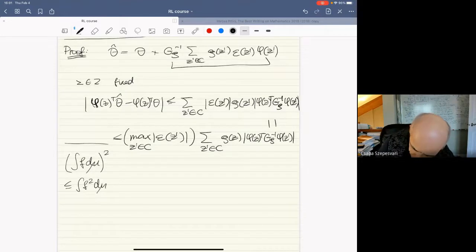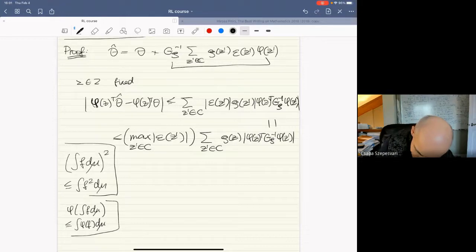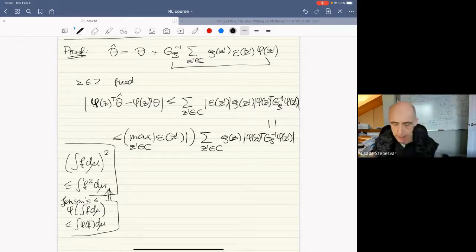More generally, the squaring could be replaced by any convex function, and this inequality would hold. So this is Jensen's inequality, and in the special case when phi is the squaring function, which is a convex function, you get this inequality.